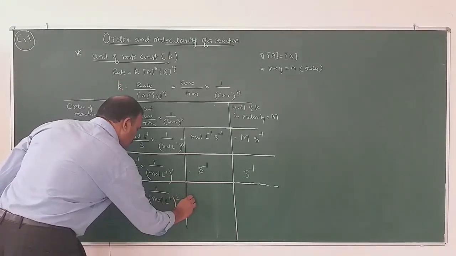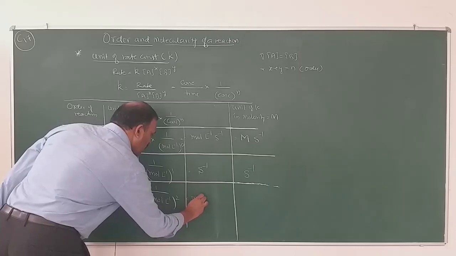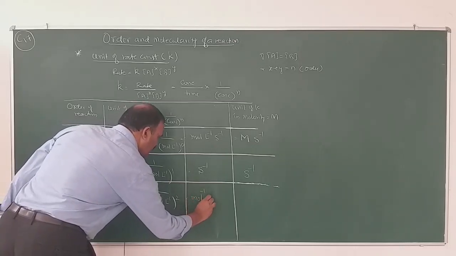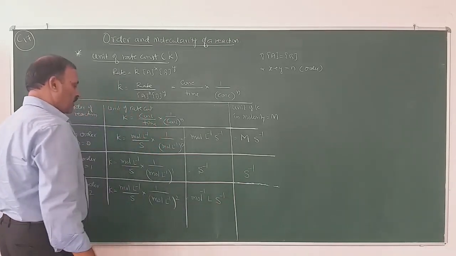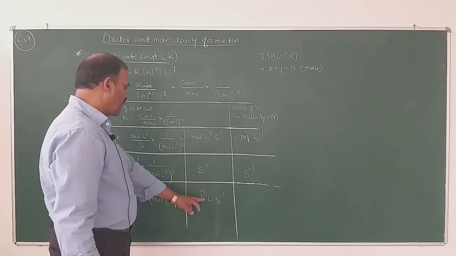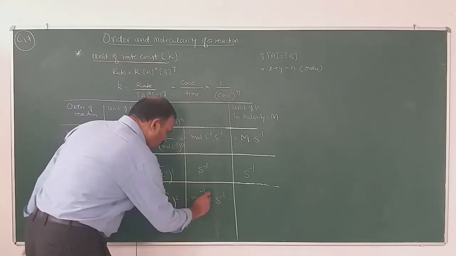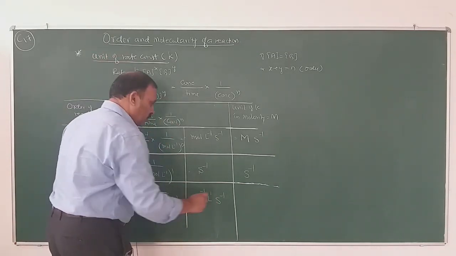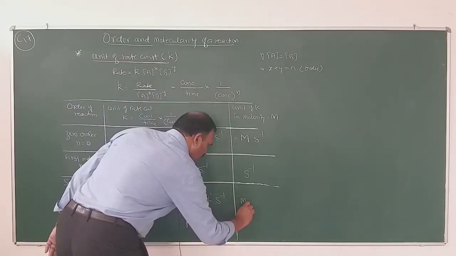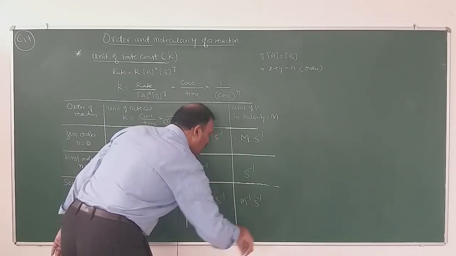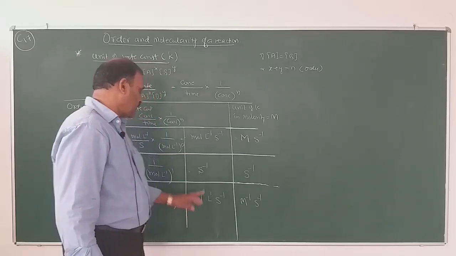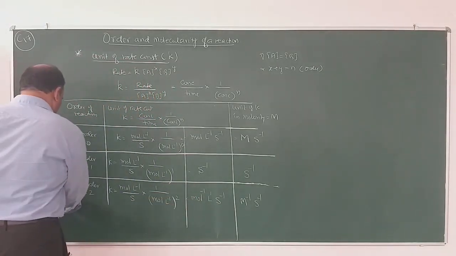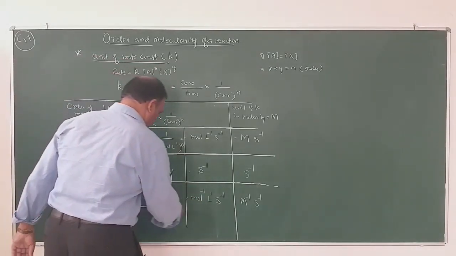So what is left? Mole minus 1 liter second minus 1. You can also write it as mole minus 1 liter to the power of 1. So what can we write this as? M minus 1 second minus 1, molarity minus 1 second minus 1. So this is for second order reaction.